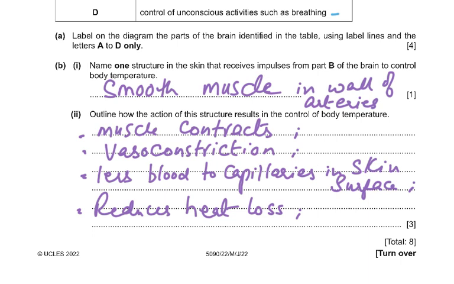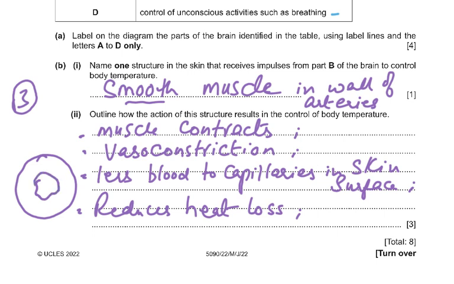The other third option was, you see, we have 3 options which you could have written. The third option was smooth muscles in the wall of the arteries or the arterioles. Now what will happen there? The muscle will contract. So the artery muscle, when it contracts, makes the lumen smaller. So vasoconstriction. So less blood will go to the capillaries in the skin surface, so less heat will be lost.